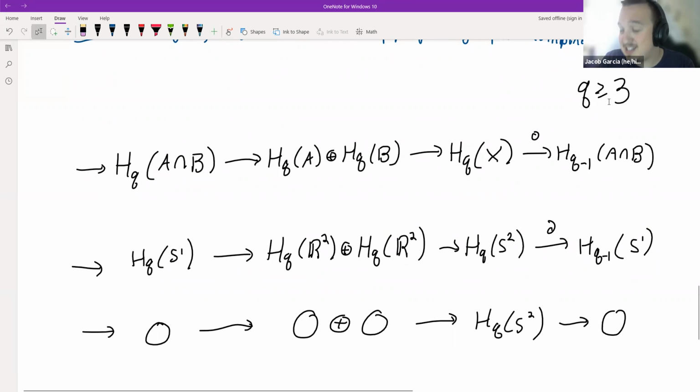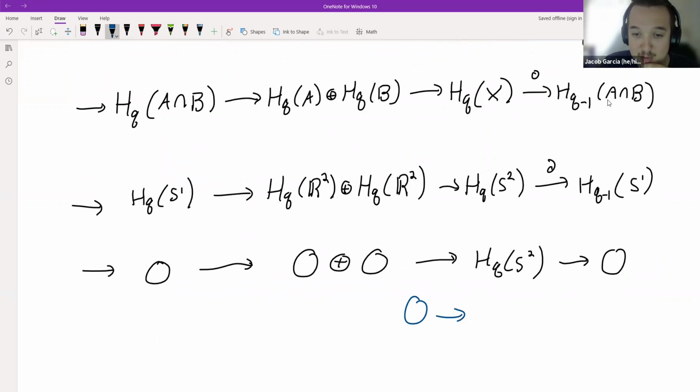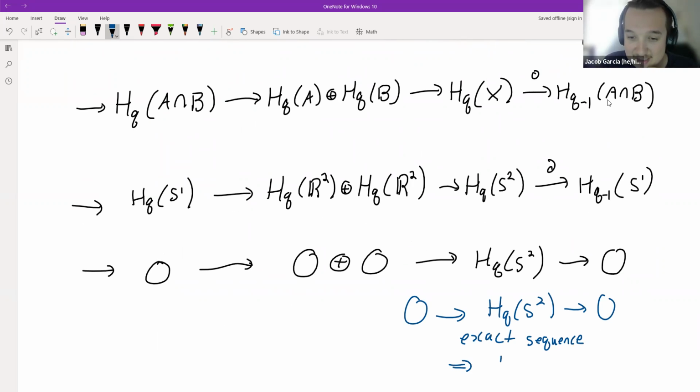So this is an exact sequence. I have 0, HQ of S2, 0 in an exact sequence, and that exactly means that HQ of S2 is also 0.